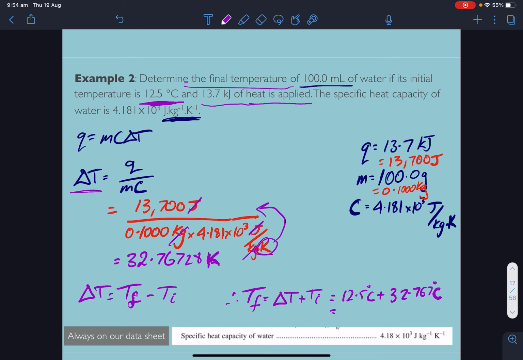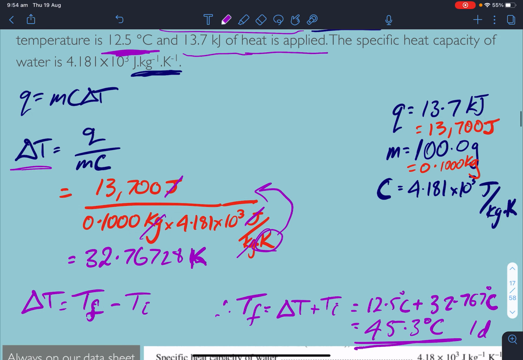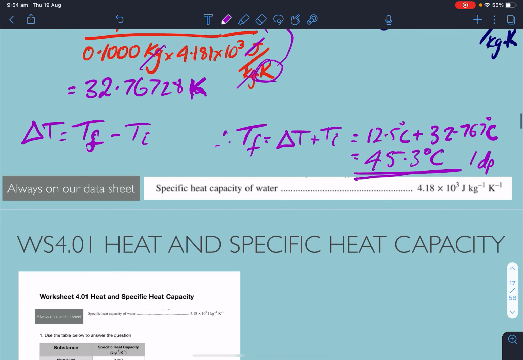I knew the 12.5 to the tenths, so I can report this answer to the tenths because I'm adding or subtracting. So 45.267 is going to be 45.3 degrees Celsius, to 1 decimal place.